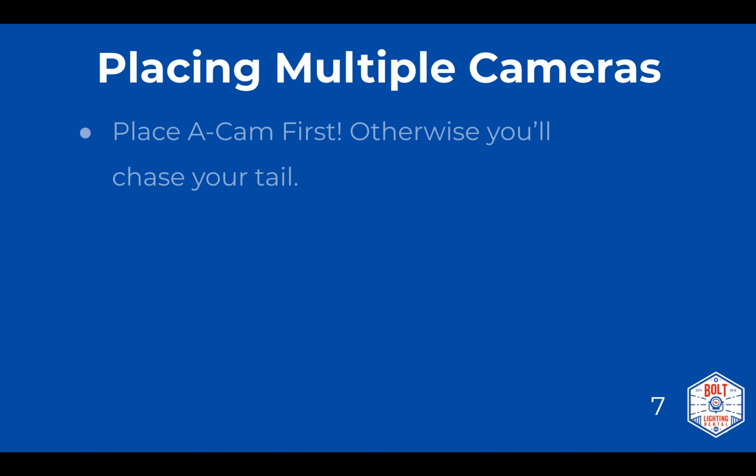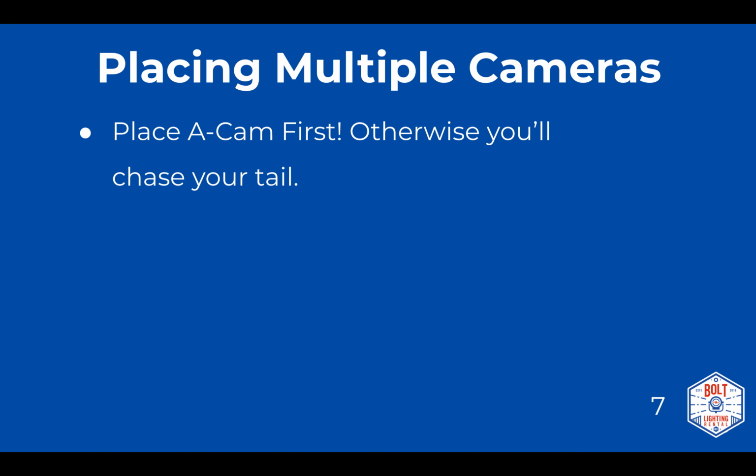If you're shooting multiple cameras, a good idea is to always place the A camera first. The issue you'll end up with is that say you set A cam and you think, okay, I think it's good, and then you set the B camera down, and with the B camera you start to move the A camera because it's in the B camera shot.